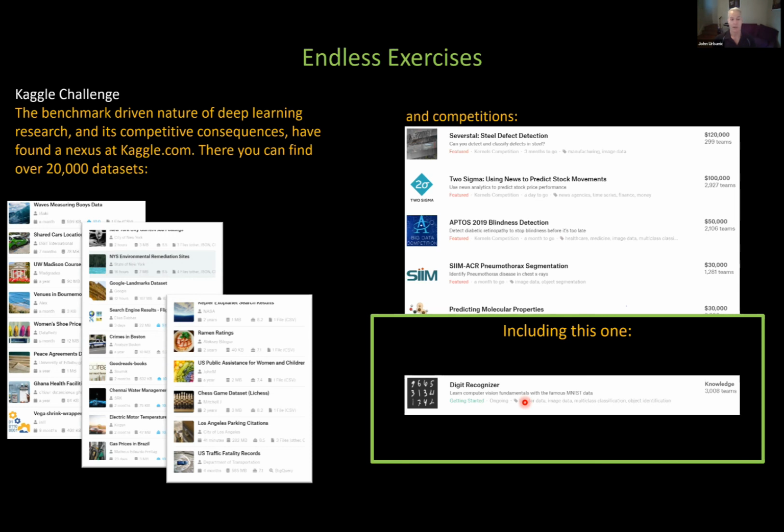The data sets are there. The examples are there from people's winning problems and winning solutions. So there's tons and tons of fantastic exercises that should hit you right on the head for whatever interests you. That's a great place to be, right?